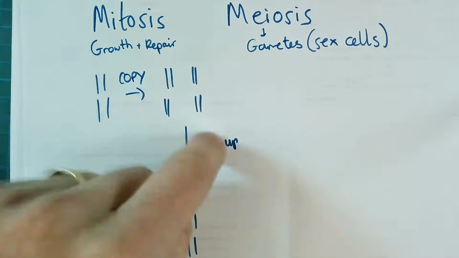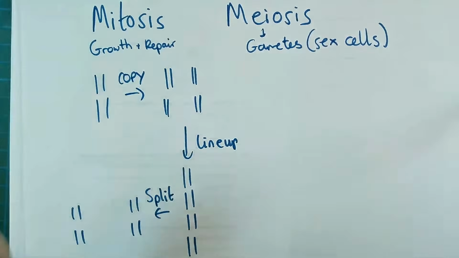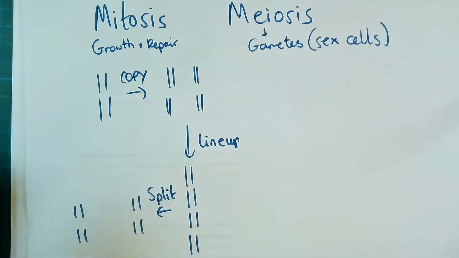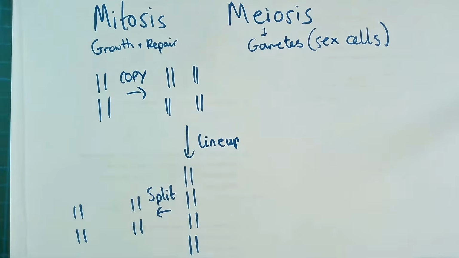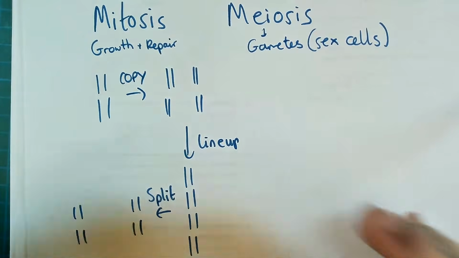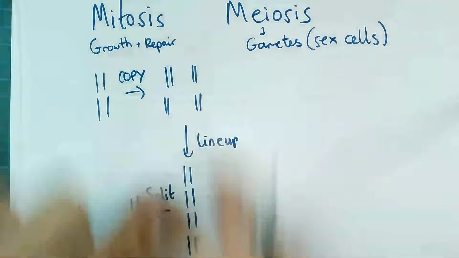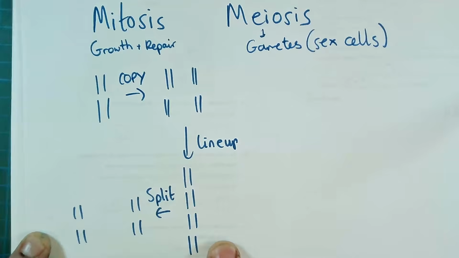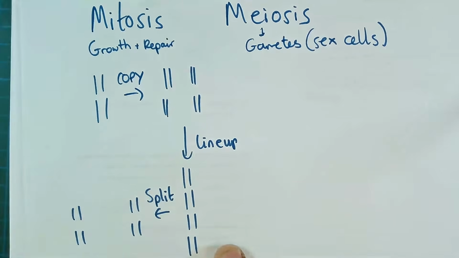Okay, so copy, line up, split. It's not the technical term. They've technically got phases, anaphase, all these things. Don't care about that. I want you to get the idea of what's going on. We copy, we line up, we split.